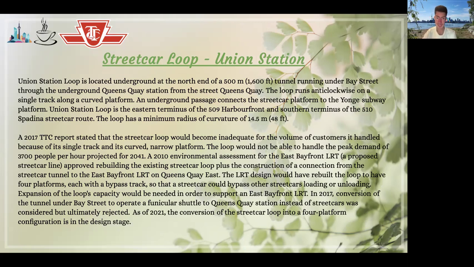An underground passage connects the streetcar platform to the Yonge subway platform. And Union Station Loop is the eastern terminus of the 509 Harbourfront and the southern terminus of the 510 Spadina streetcar route. The loop has a minimum radius of curvature of 14.5 meters or 48 feet.